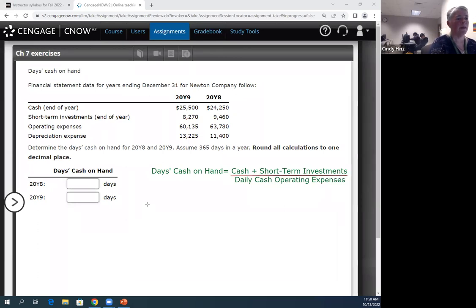Okay. So for 2018, let's find our daily cash operating expenses. So we take our total operating expenses for 2018. You'll notice, by the way, that it gives us 2 years of data there, 2019 and 2018.